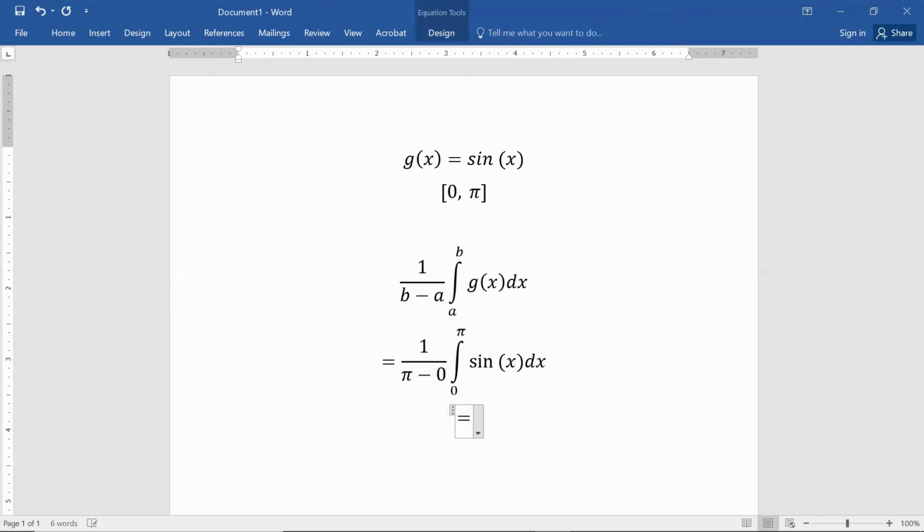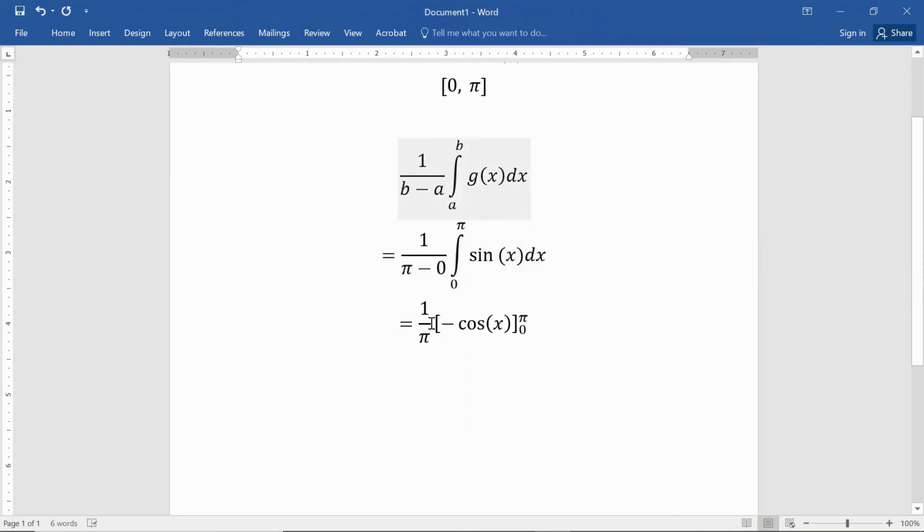If you take the antiderivative of sine, you get negative cosine. We've done that enough that we should know that. Notice the coefficient out front is 1 over pi. Because the bounds go from 0 to pi, we are going to take from 0 to pi as the bounds.